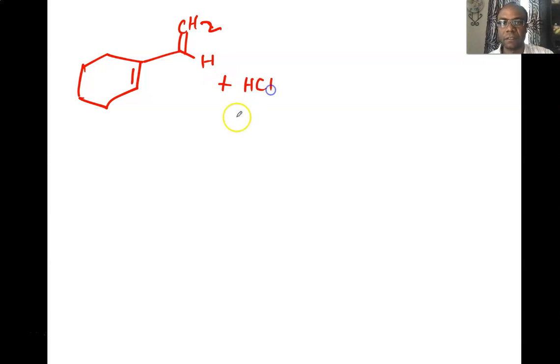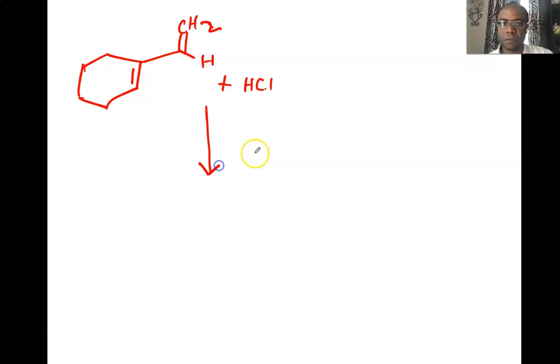Now let's give examples. So let's say you have this molecule. I don't like showing hydrogens, but for reasons of teaching, I'm going to show it. And we are adding HCl.